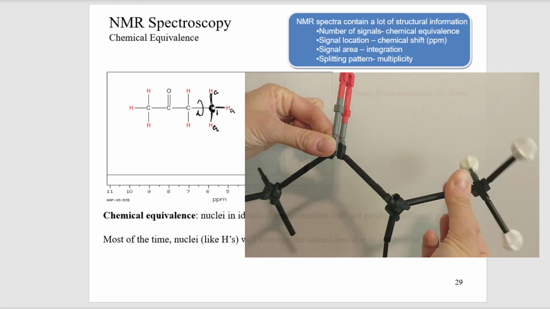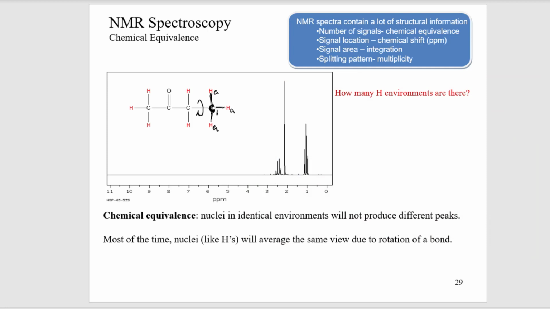The next area of equivalency is this carbon, right? This carbon has two hydrogens on it. And because of, again, single bond rotation, over time, the hydrogen at the top, if it looks left and right, it sees a carbonyl on one side and the other HA on the other.